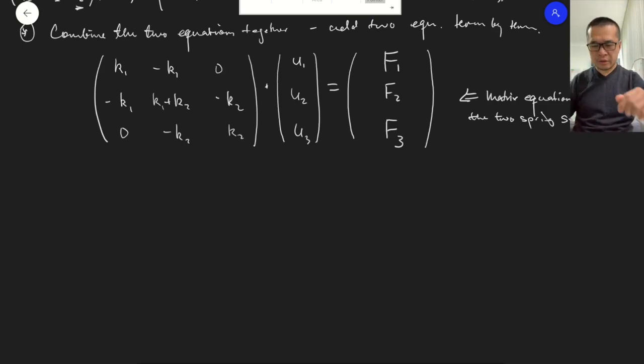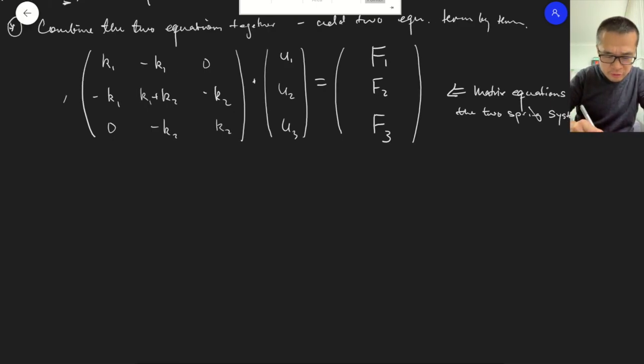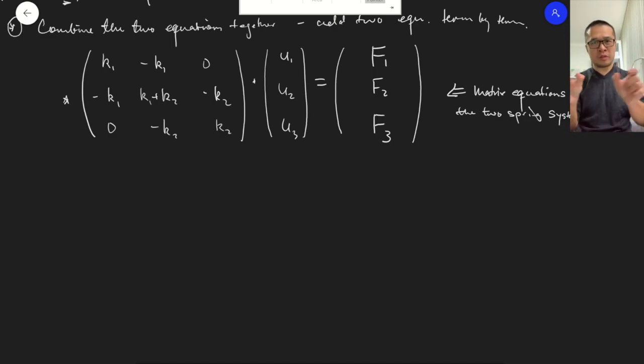Okay, now in the previous video, we looked at how we can achieve these matrix equations for a 3x3 or two springs linked together, and with the establishment of this stiffness matrix equations, we in principle should be able to solve for the deformation of the nodes 1, 2, and 3.